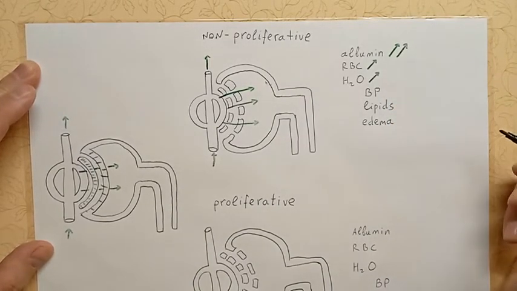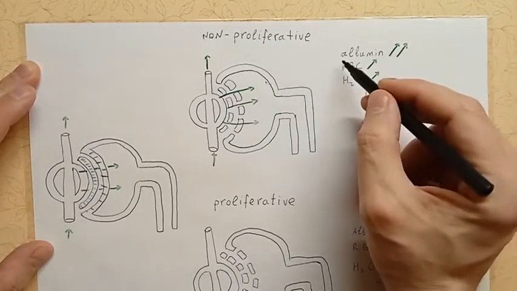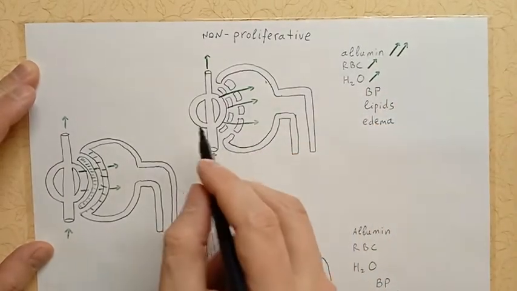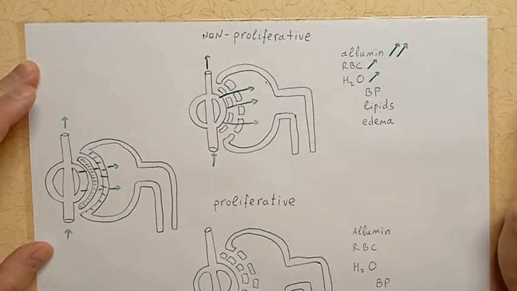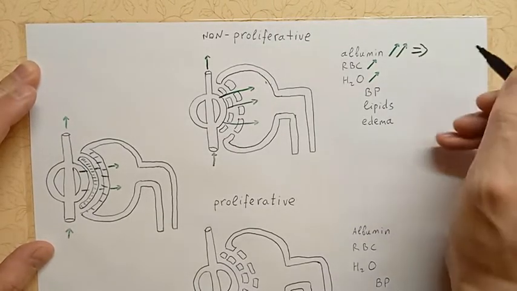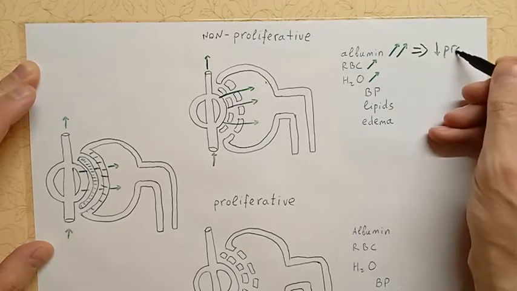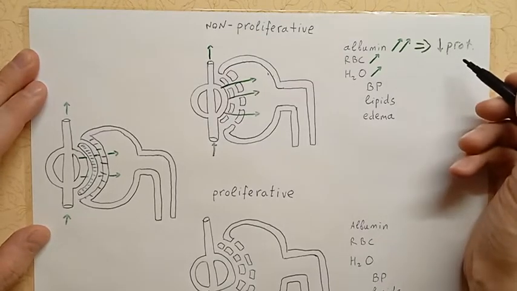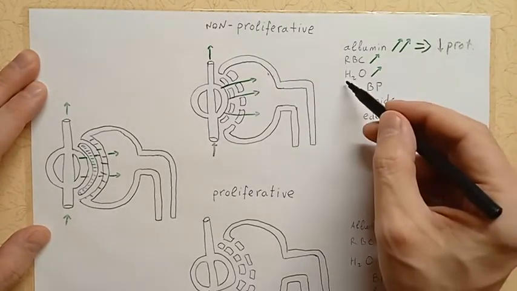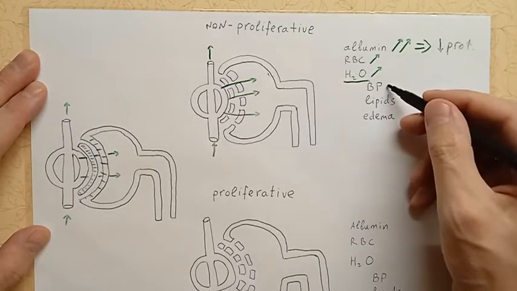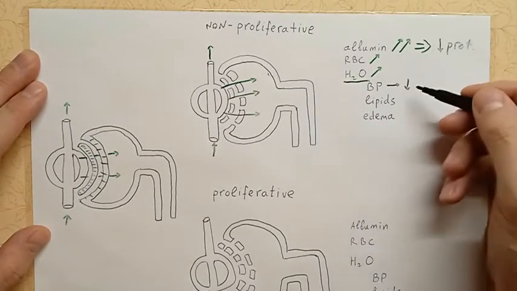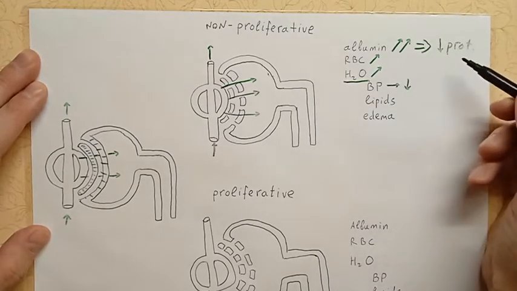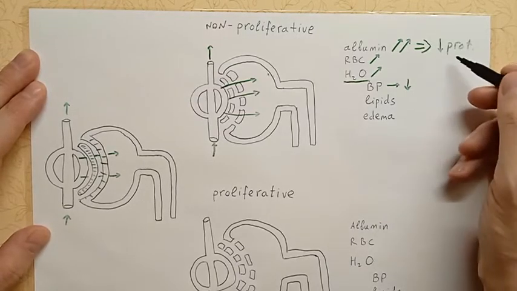What will happen if the body loses albumin through the Bowman's filtration? It will lead to a decrease of proteins in the blood. Decreasing proteins and decreasing volume will lead to a loss of blood pressure. Not so severe, but it will. Also, it will lead to a loss of oncotic pressure.